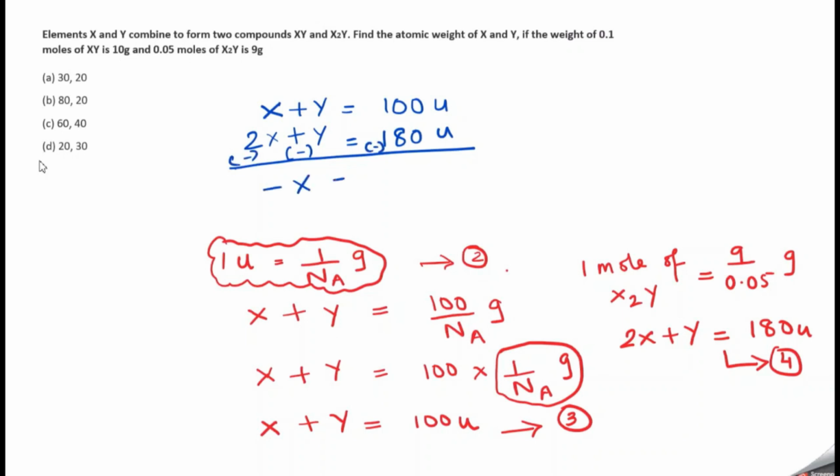Minus x is equal to minus 80 U. So that means x is equal to 80 U. Substituting in equation 3, we get y is equal to 20 U. So we got the atomic weight of X and Y. So my answer is option B.